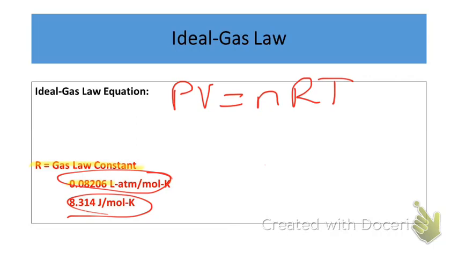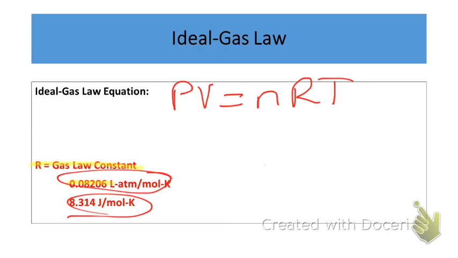So if you have a gas and you know the pressure and volume of that gas, and you know the number of moles of the gas, then you can use this equation to find the temperature of that gas. Or maybe you have a gas and you know the temperature, the volume, and pressure, but you need to know the number of moles of the gas. Then again, you can use this equation quite readily.